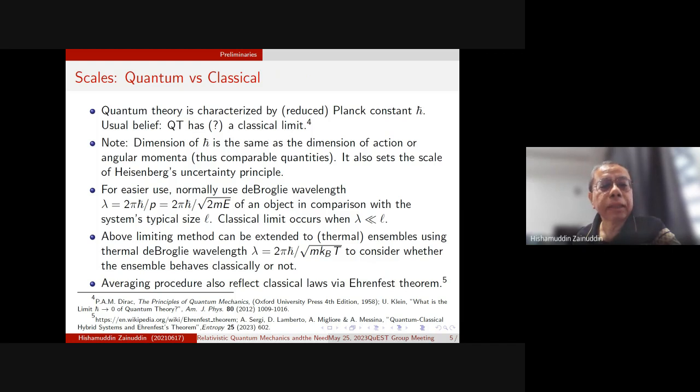If you want to do the same way of comparing, like the case of relativity, where you compare the velocity of a particle with the velocity of light, then you should look at what this Planck constant is supposed to represent. The Planck constant has the same dimension as action or angular momentum.